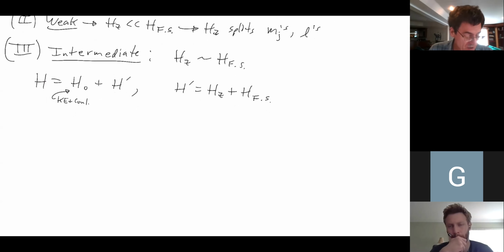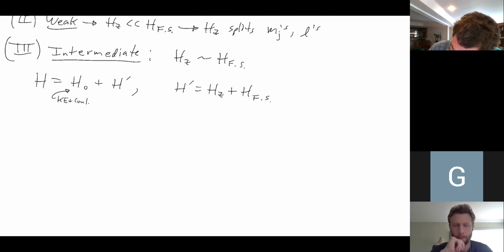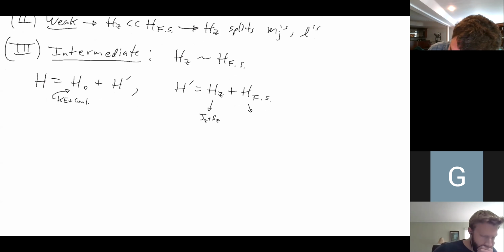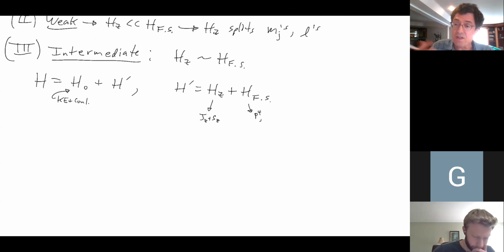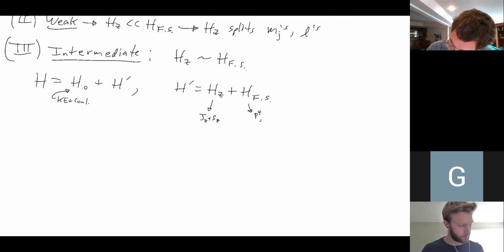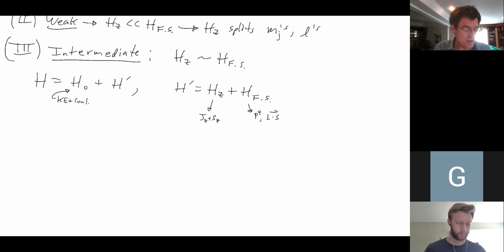The Zeeman effect gives us the J_z + S_z perturbation, and the fine structure gives us the p to the 4th relativistic perturbation, plus the L dot S perturbation. Those are all in there.